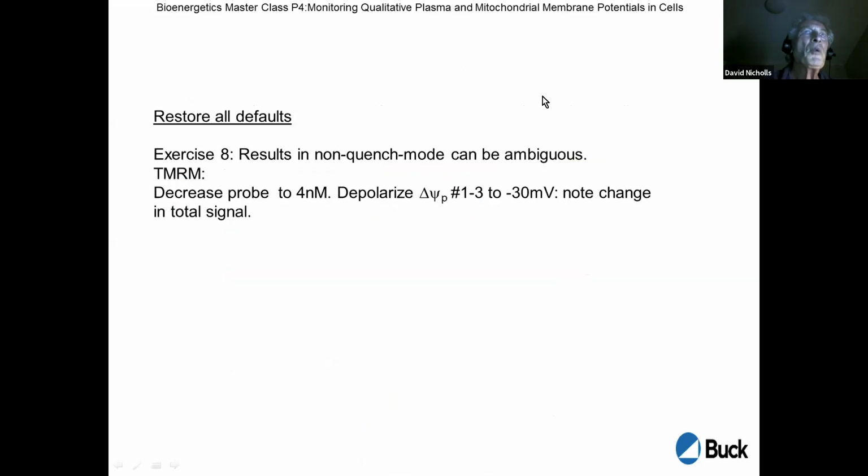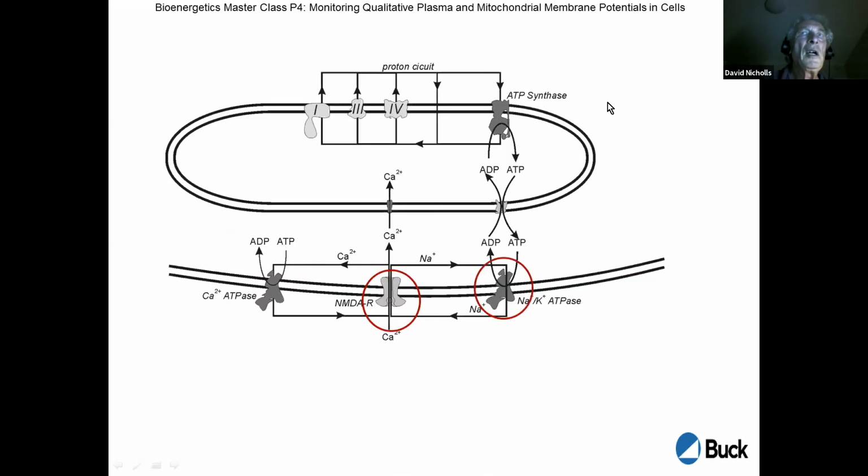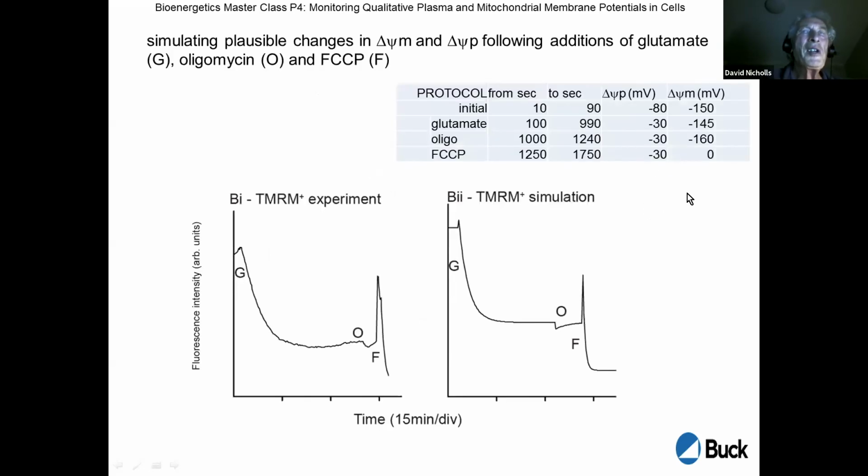I think what I want to do finally is to go through an experiment, which was the experiment that started all of this going for us 20 years ago, which is back to our intact neuron and the NMDA receptor. And what we wanted to do was to monitor the changes in the two potentials under this sequence of events.